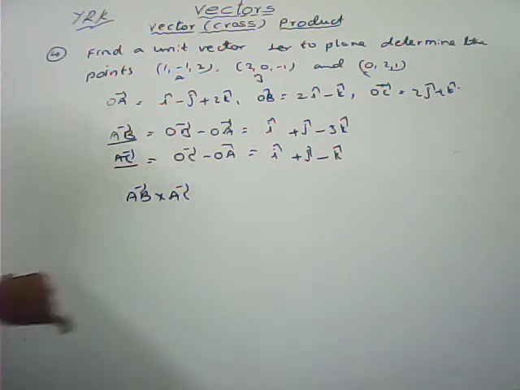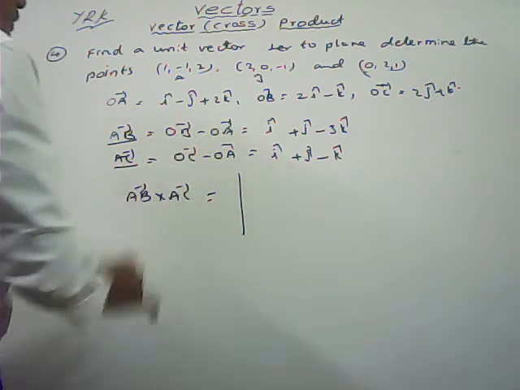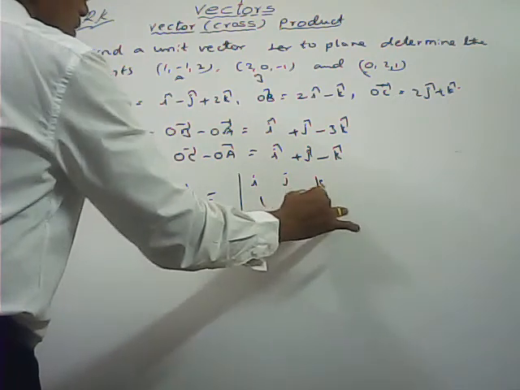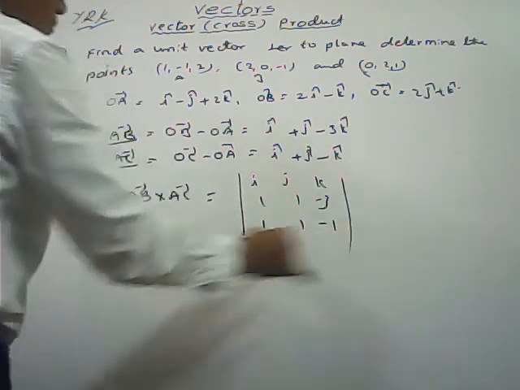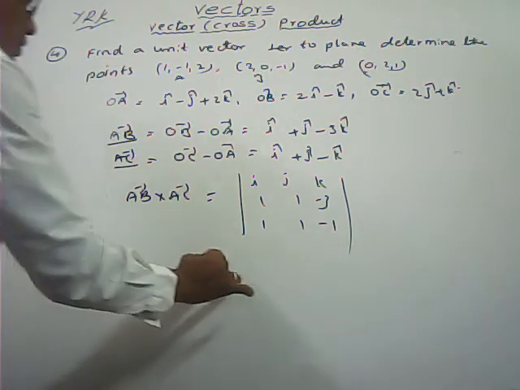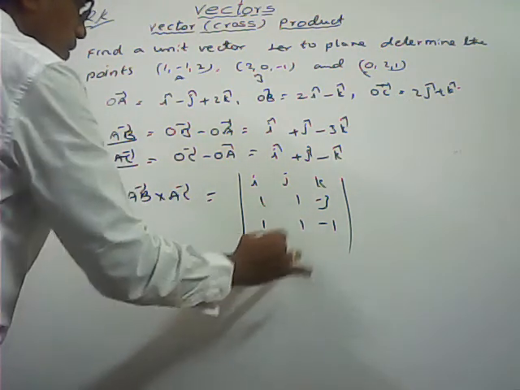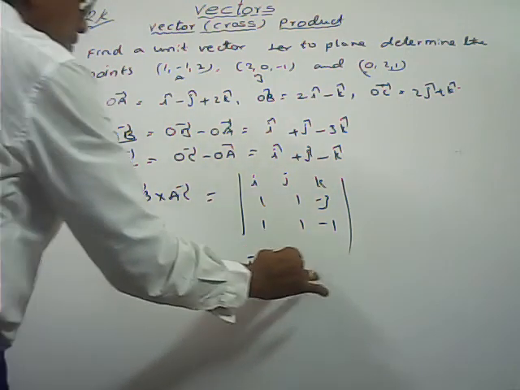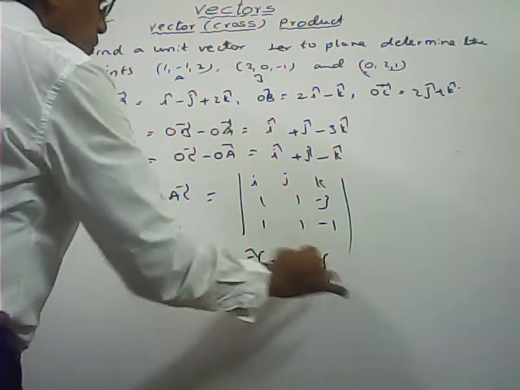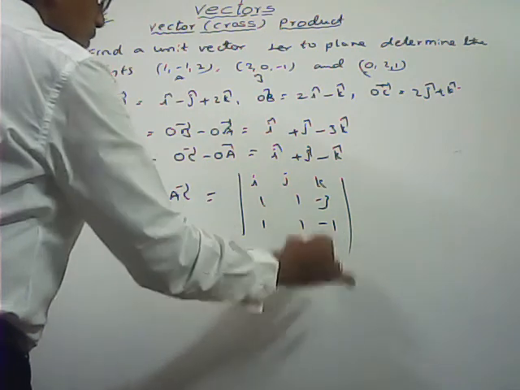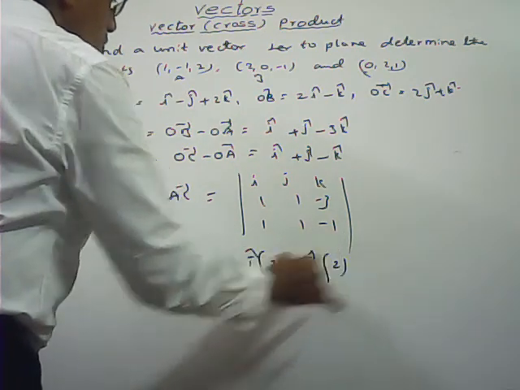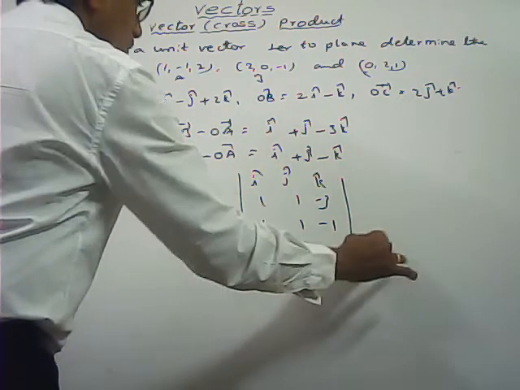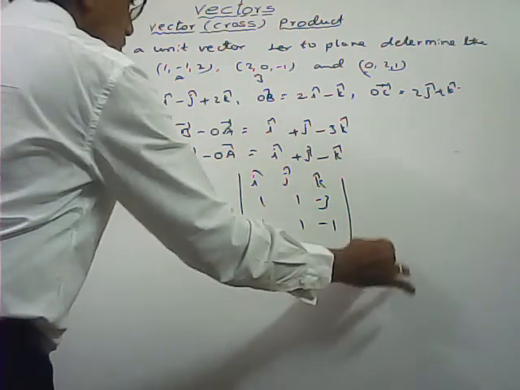First you can find this one. Determinant of i, j, k; 1, 1, minus 3; 1, 1, minus 1. You can find this one. i into (minus 1 plus 3), that is 2, minus j cap into (minus 1 plus 3), here also 2, plus k cap into (1 minus 1), 0.